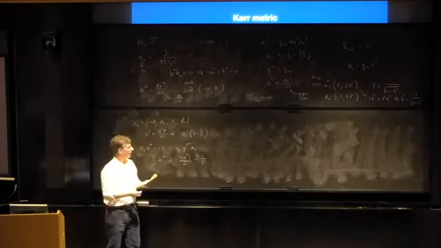I'm using units such that G, M, and c are 1. So this is radius in units of r_g. Plus L squared over 2r squared, 1 minus 2 over r. And this is equal to 0.